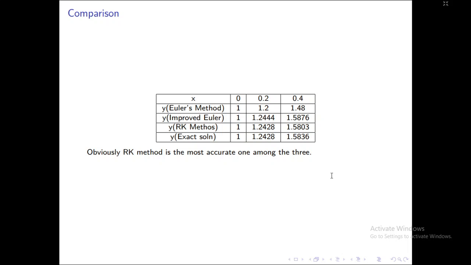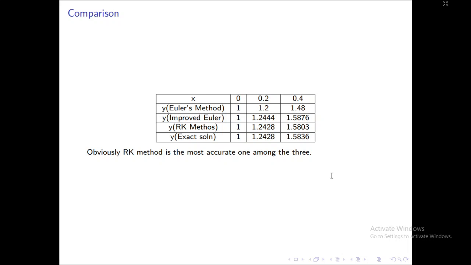It is much better than improved Euler's method and Euler's method. When you consider the value of y at the point 0.4, it's better than both improved Euler's method and Euler's method, but it contains a little error. So as we move away from the starting point, the solution may contain some error.